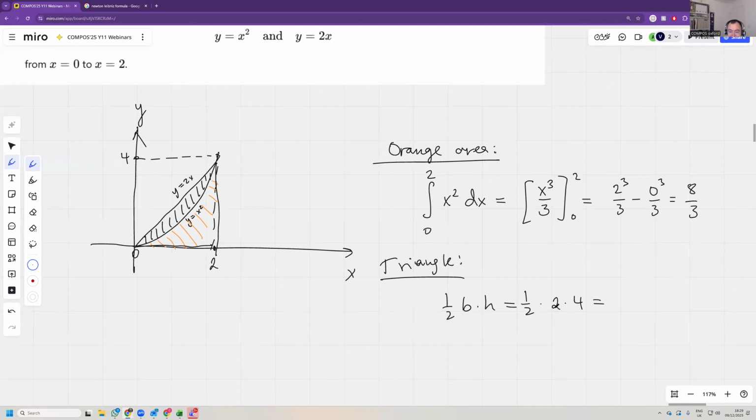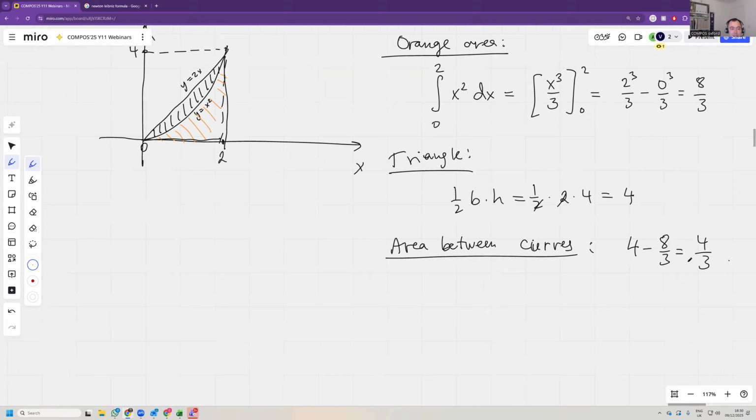That's 8 halves, or just 4. Okay, so that's 4. And so the area between the curves is 4 minus 8 thirds. It's just 12 over 3 minus 8 thirds, so that's 4 thirds.